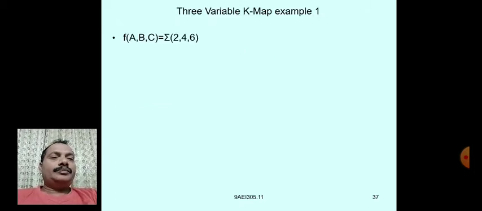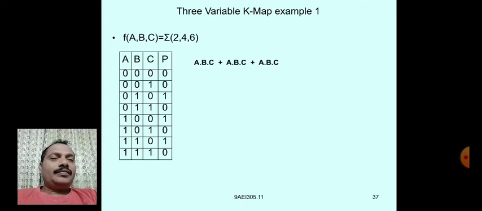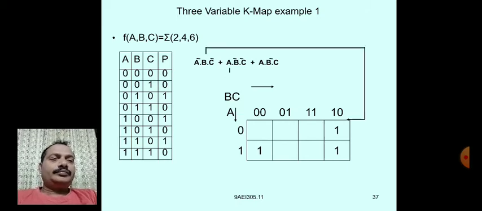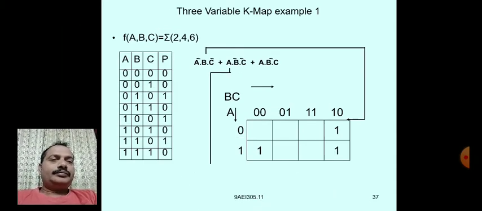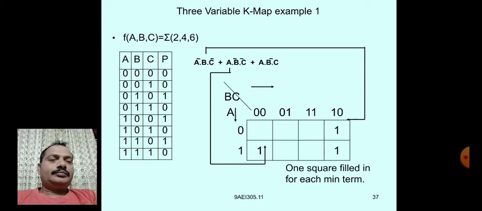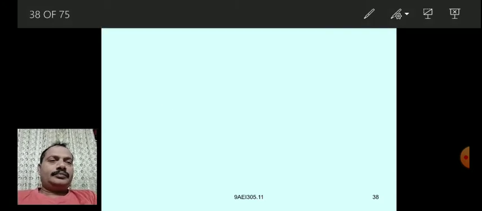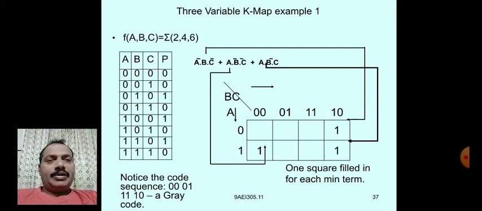So now let us consider one example. This is a 3 variable K-map example.